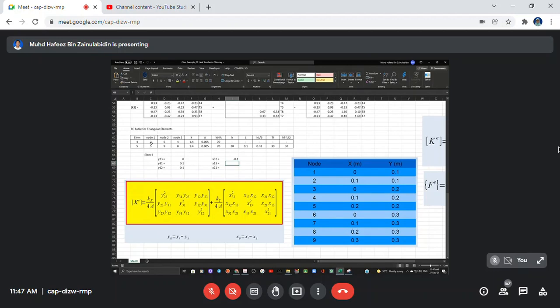That means x coordinate 2 minus x coordinate 4, 0.1 minus 0.1, you get 0 there. Then x21, x2 minus x1, 5 minus 2. Here 5 is 0.2, 2 is 0.1, we get 0.1.